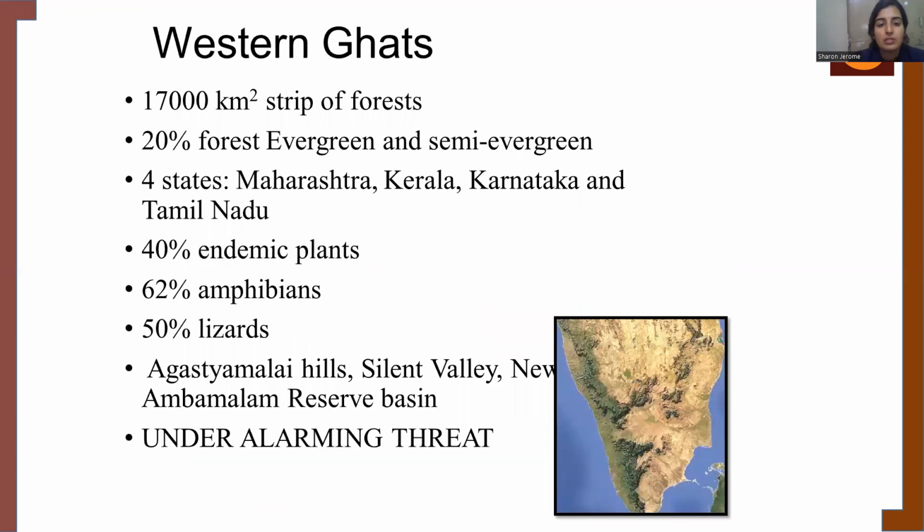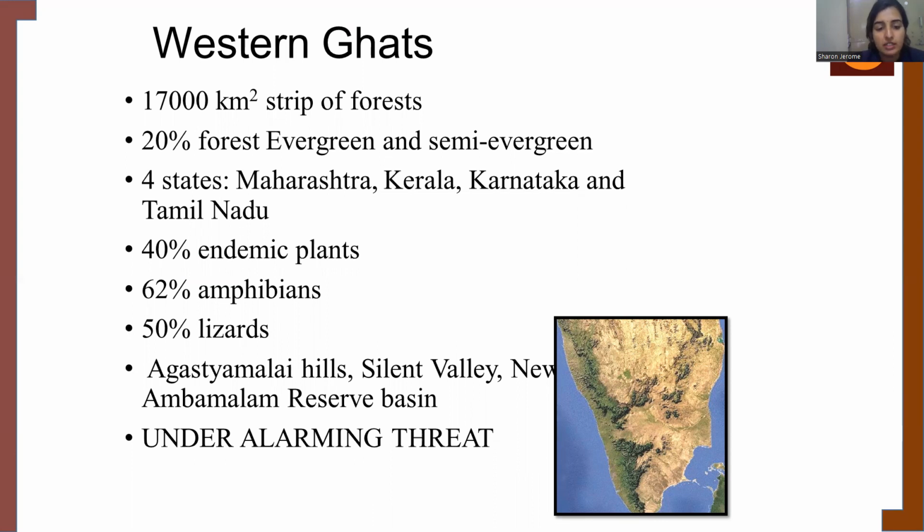The Western Ghats extend through Maharashtra, Kerala, Karnataka, and Tamil Nadu, and cover almost a 17,000 square kilometer strip of forest. In the Western Ghats, 40% of plants are endemic, 62% of amphibians, and 50% of lizards.